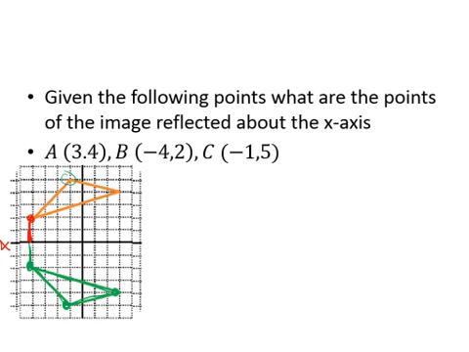Now, what are the coordinates of them? If you notice with all those coordinates, the x values didn't change. The only thing that changed were the y values. And how did they change? They just changed sign. They went from positive to negative or negative to positive.